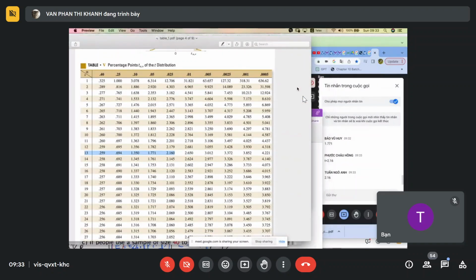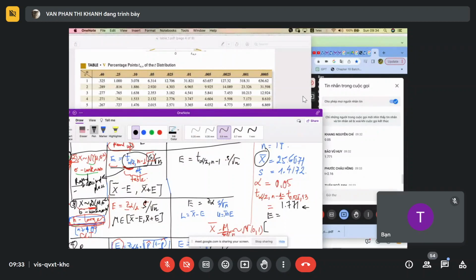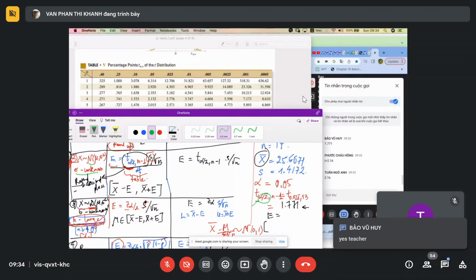So you found your mistake, because alpha is 0.05, but you have to find t alpha over 2, not t alpha. Bảo, got it? You see your mistake? This is alpha over 2 because it's two-sided. So it is 2.16.